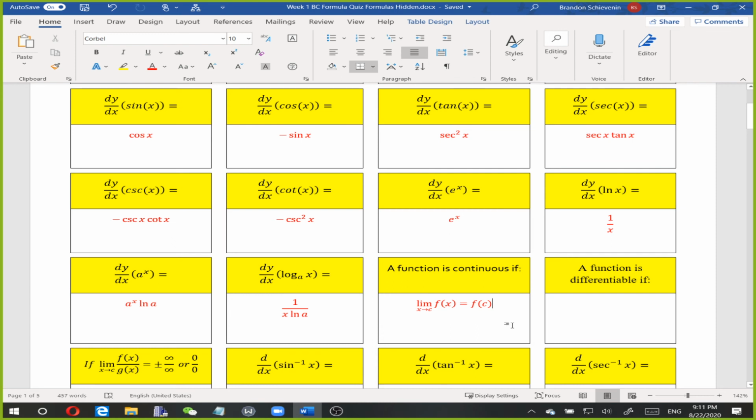Kyle, how do I know if a function is differentiable? Okay, so there's a general limit for the derivative as well. You said 1 and 2.